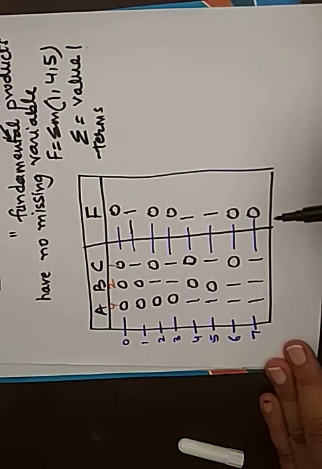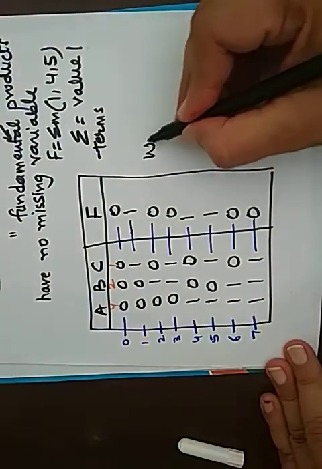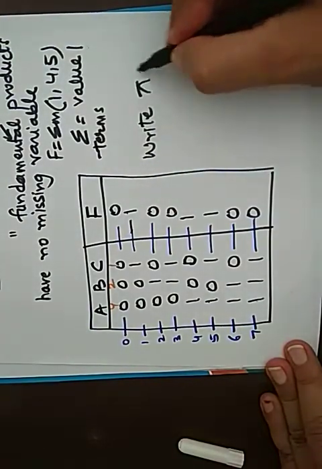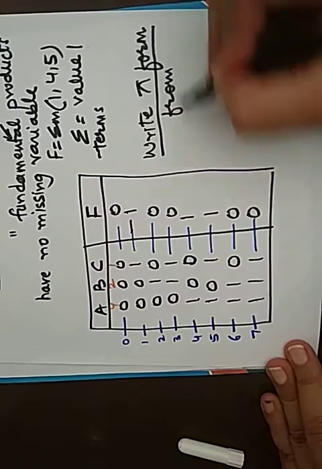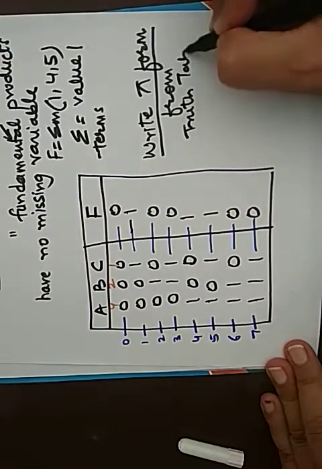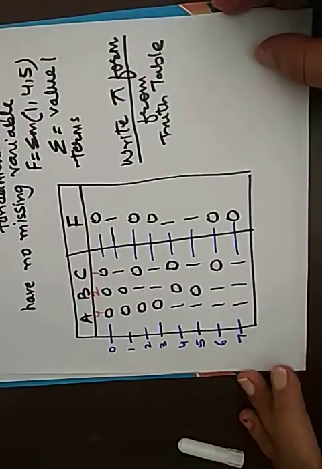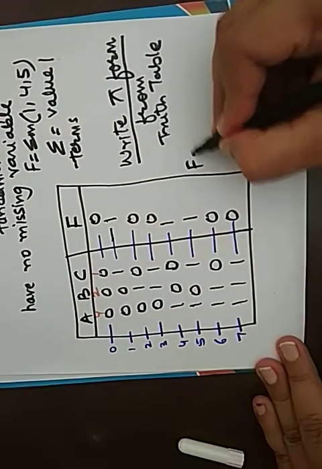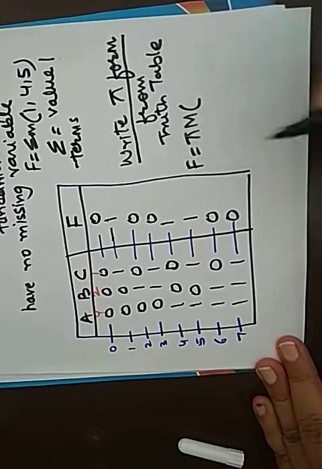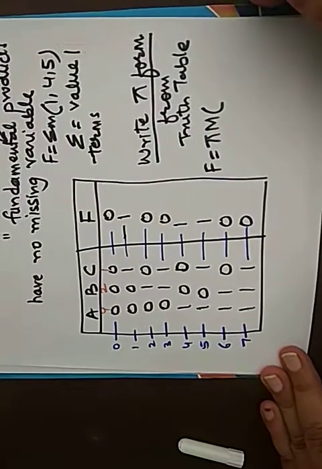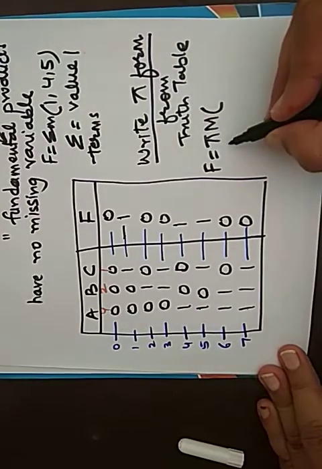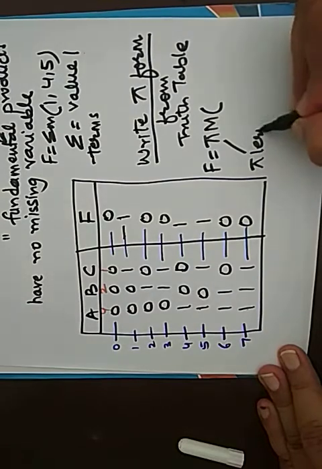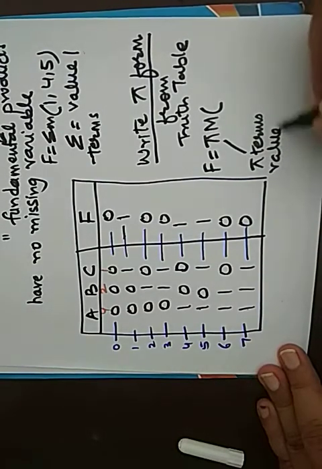If the truth table is filled, then from the truth table you can write the pi form. The understanding for the pi function is that if these terms are 1, 4, 5 for sigma, the pi terms have value 0. Keep this in mind.